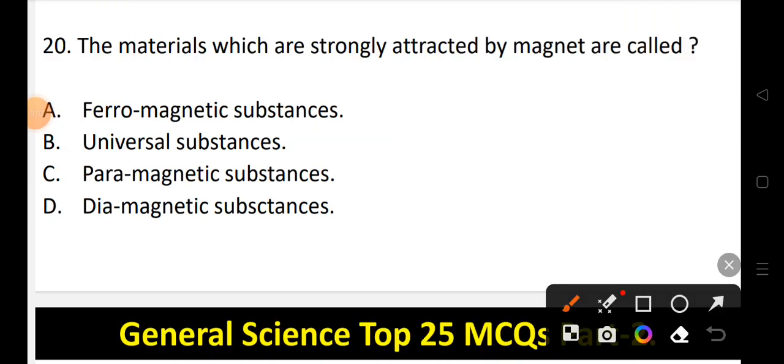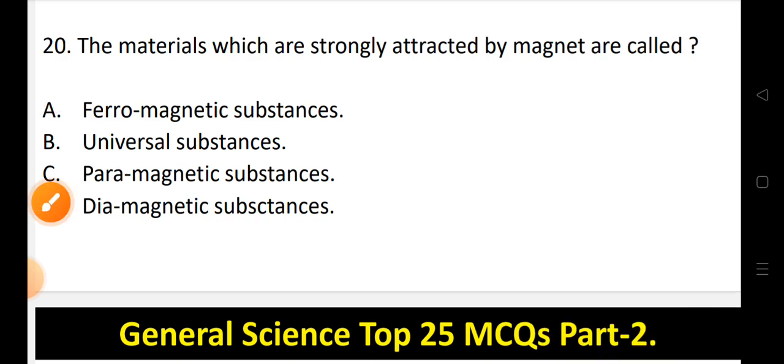So the material which is strongly attracted by magnets are called, the correct option is option A, that is ferromagnetic substances. So those materials are called ferromagnetic substances. So A is the correct option.